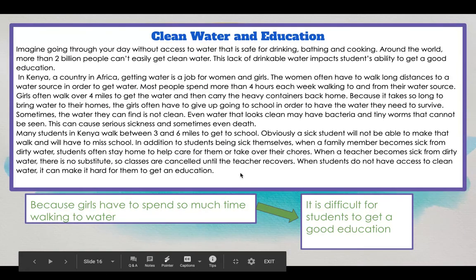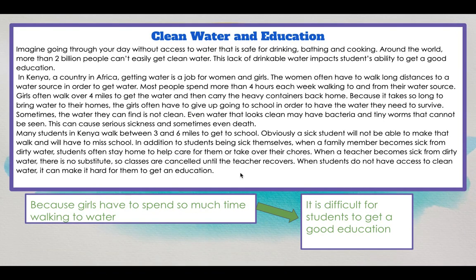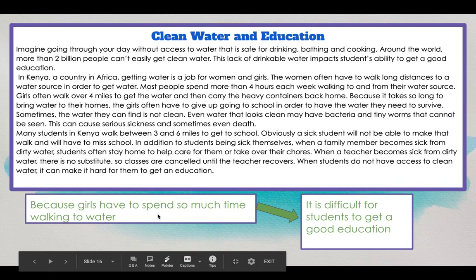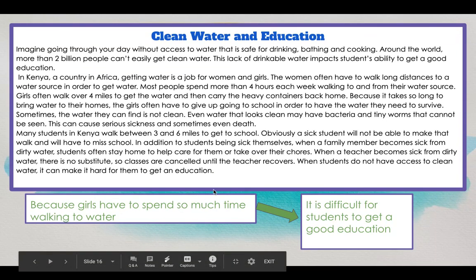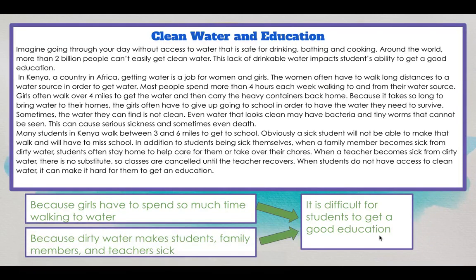The other part is all about how when the water makes them sick, they might not be able to go to school because if someone at their house is sick, they have to take care of them. Their teacher could get sick and classes are canceled, or they might be sick and not be able to make the walk. So the second part is dirty water makes students, family members, and teachers sick, and so it's difficult to get a good education.